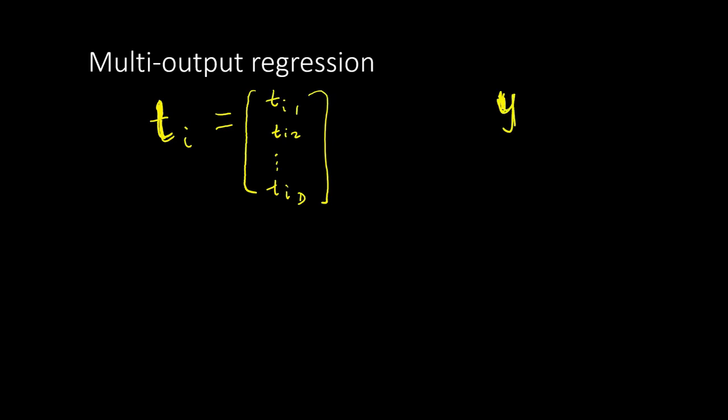So this is also bold, yi. Between yi and ti, we want to reduce the difference, and it is not going to be a scalar difference alone. We have yi also as a vector, which is yi1 all the way up to yiD.